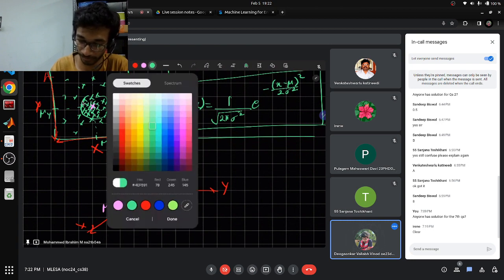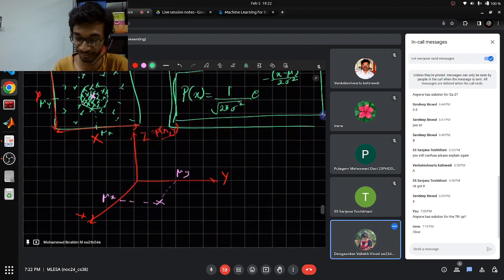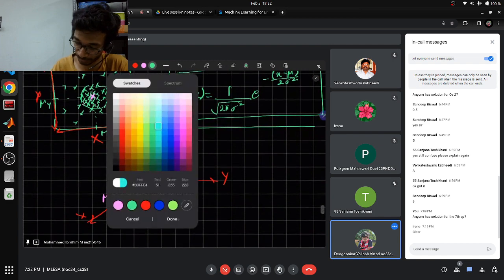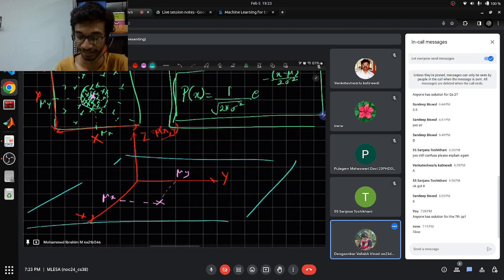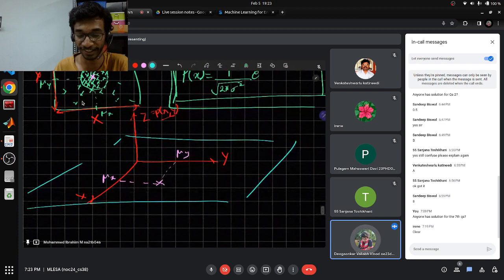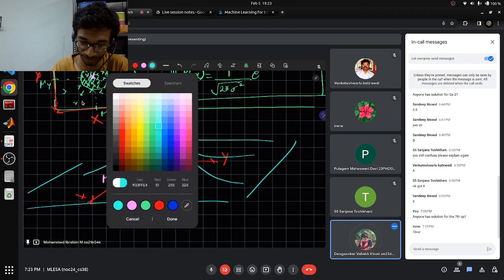So the probability of getting any point in this xy plane, actually now this is a plane, you are sampling from a plane, so the probability of getting any point is now going to actually look like a hill. So it's like a 3D hill.